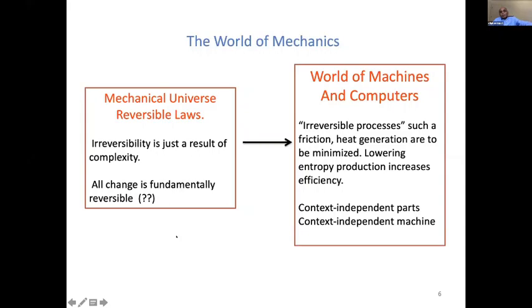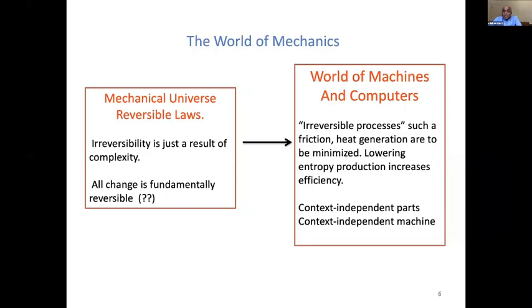That's a whole philosophical question. But on the box on the right side, I want to point out that in machines based on mechanics, irreversible processes like friction, heat generation, and all those are to be minimized to make the machine work more efficiently. In fact, they are a nuisance you have to get rid of.